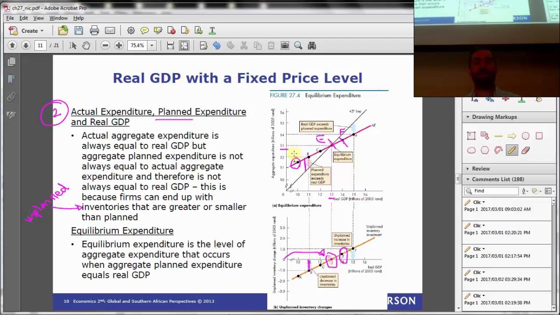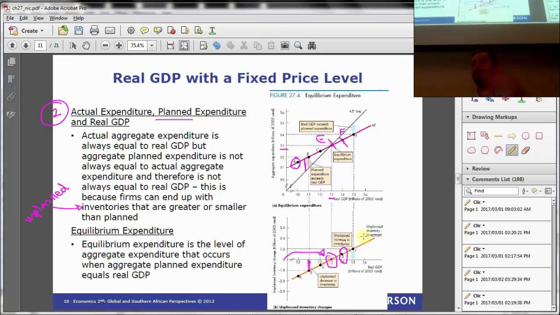What happens, therefore, if we're at point A or point B, point C, point F, any of those points? What we saw last week was that there would be an unplanned change in inventories. In other words, inventories would either be increasing in a way that was unplanned, or decreasing in a way that was unplanned. If inventories were increasing in an unplanned way, that's a signal to firms to adjust their production. If we are consuming less than we are producing, firms have an unplanned increase in inventory.